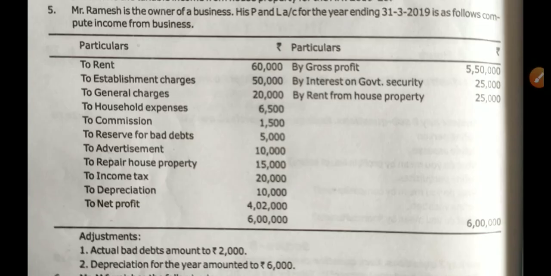If any non-business, which means inadmissible, expense is recorded, that has to be added back to the net profit, which means you need to take it into consideration in add items. Then on the credit side, if any business income is given, just ignore it. If any non-business income or tax-free income is given under the credit side of the profit and loss account, you need to take it into consideration in less items.